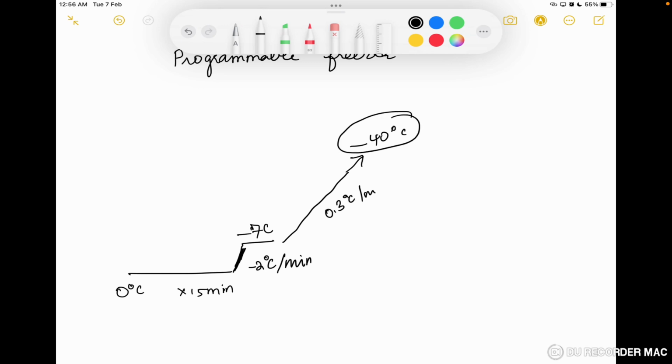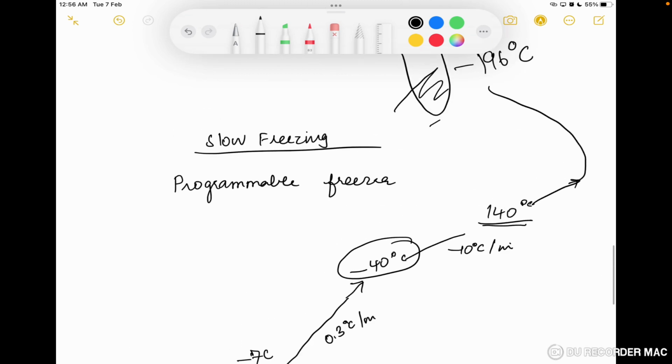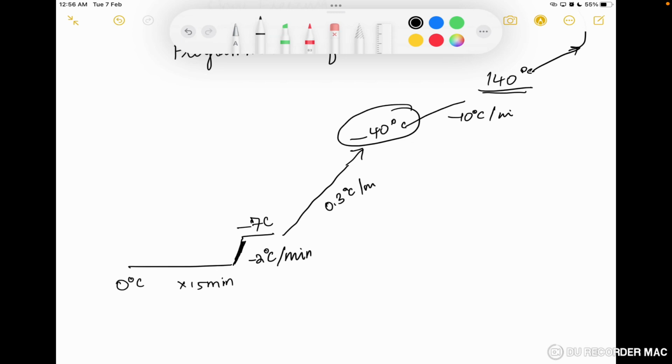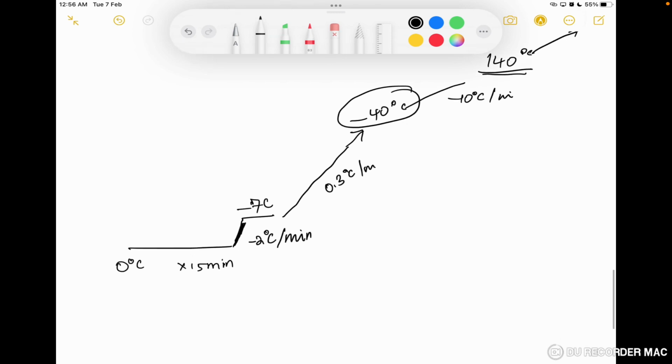After reaching minus 40 degrees Celsius, we go to minus 140 degrees Celsius at a rate of minus 10 degrees Celsius per minute. And then when this temperature is achieved, it is put into liquid nitrogen. So this is the cooling curve, or the step ladder pattern, by which the freezing temperature is attained.